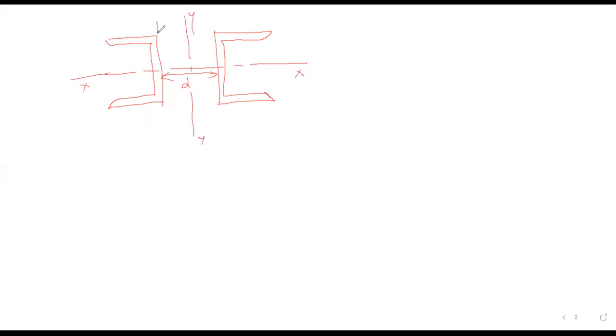And from this face to the centroidal distance is nothing but CYY. Similarly here also. Now this is our section.